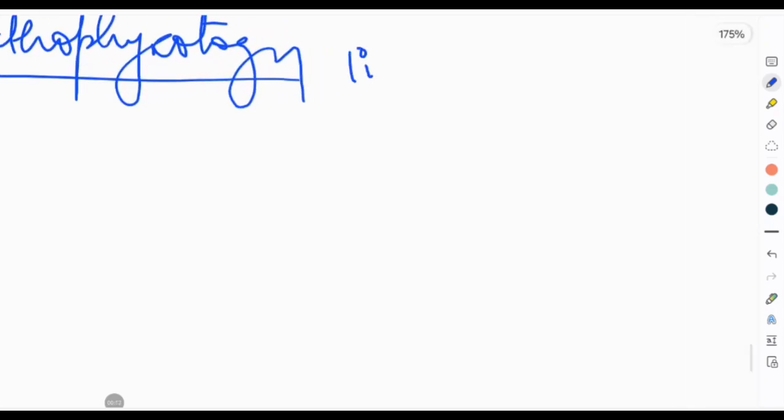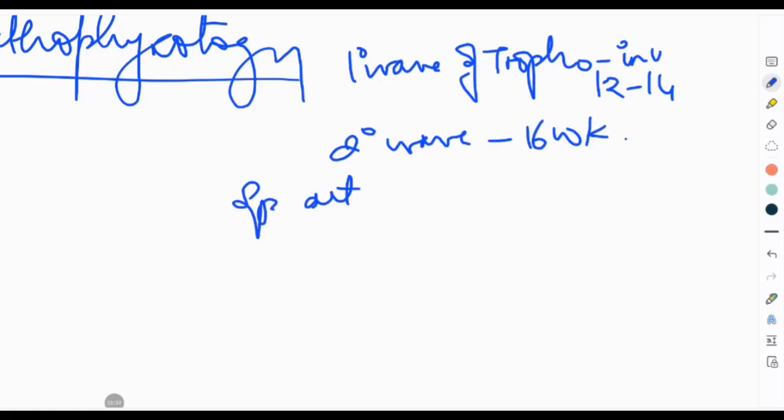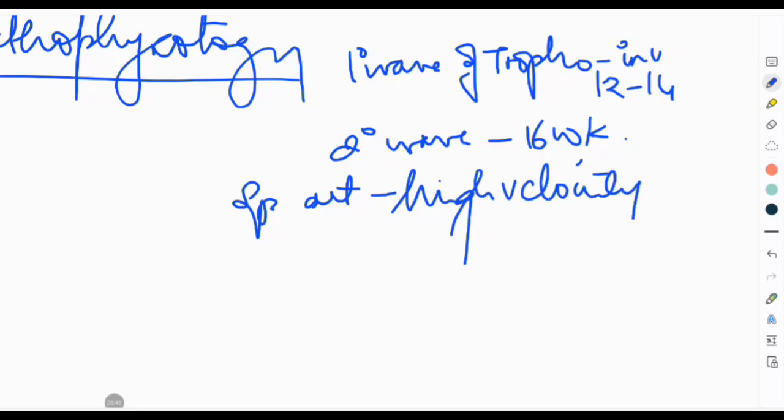So, the primary wave of trophoblastic invasion is at 12 to 14 weeks. Then the secondary wave is at 16 weeks. The spiral arteries are high velocity, low resistance, which is normally seen.